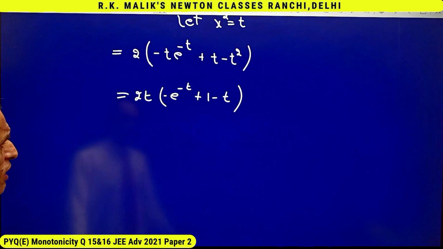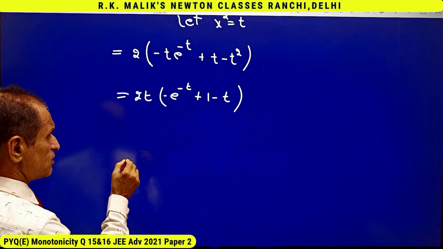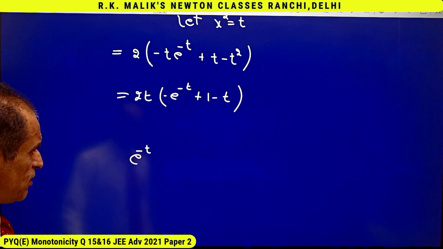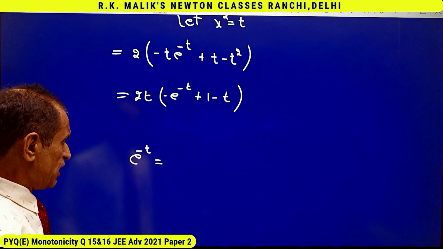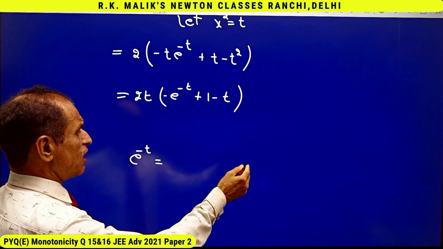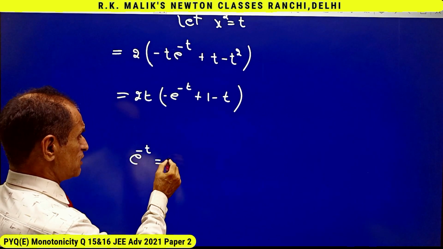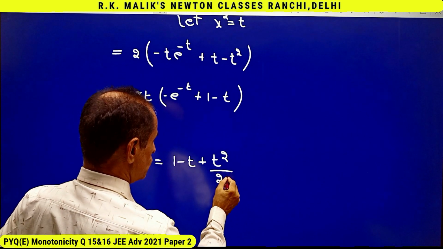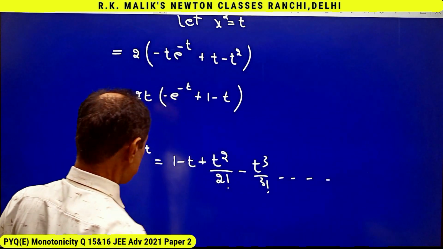And now note an important thing which I am going to tell you. In the expansion of any function, here it is e to power minus t, I am going to use the expansion of this. In the expansion of any function, if the terms are alternately positive and negative, just like in this case, the expansion is 1 minus t plus t square by 2 factorial minus t cube by 3 factorial and so on.